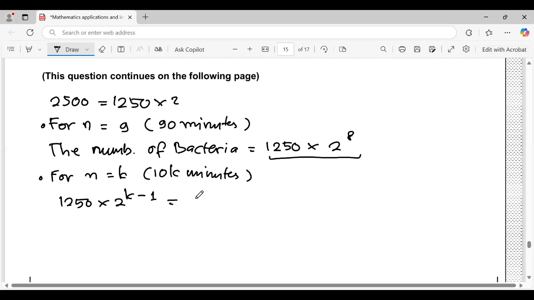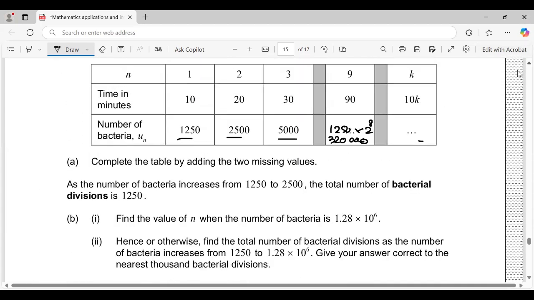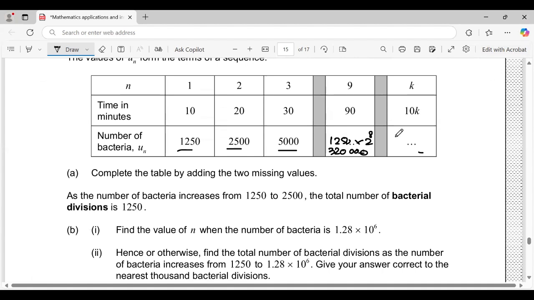If you calculate, it is 625 times 2 to the power k. So the result is here in this column: 1,250 times 2 to the power k minus 1, or you can also write 625 times 2 to the power k. It's the same.